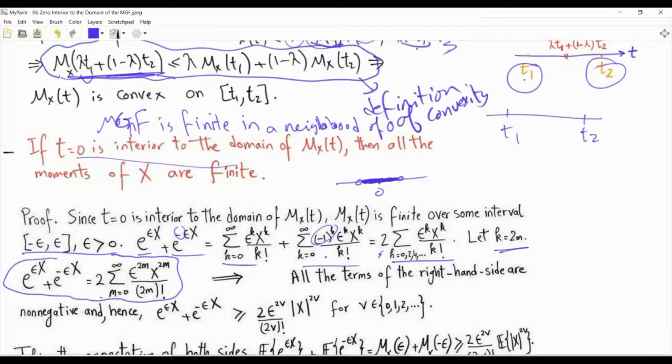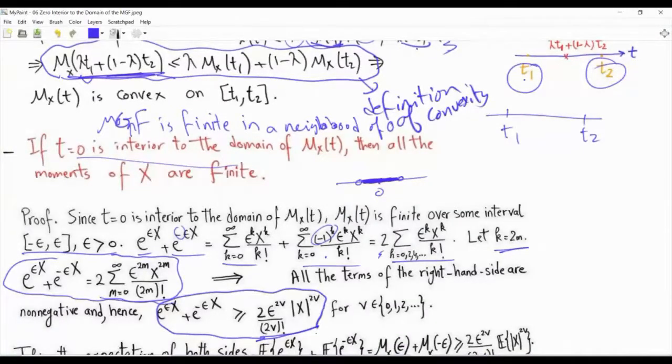And so this summation is definitely greater than or equal to one of its terms. If you have a summation of non-negative terms, then the summation is greater than or equal to any one of its terms. So let's take its term v, and we have this inequality here.